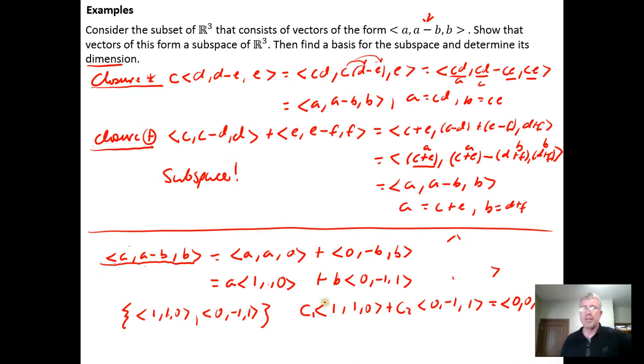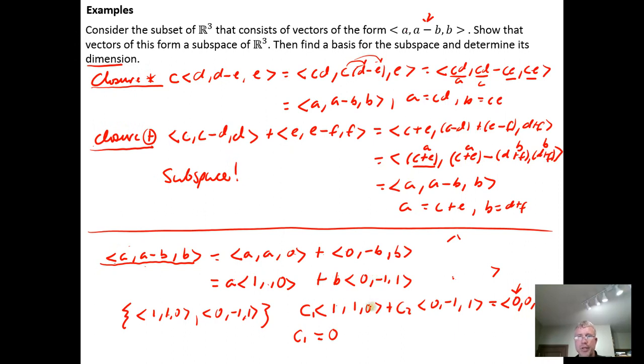And then we ask whether the only solution is C sub 1 equals C sub 2 equals 0, the trivial solution. So we don't want non-trivial solutions. So if we did this, we would get C sub 1 times 1 is C sub 1, plus C sub 2 times 0 is 0. And so this means that C sub 1 would need to equal 0.